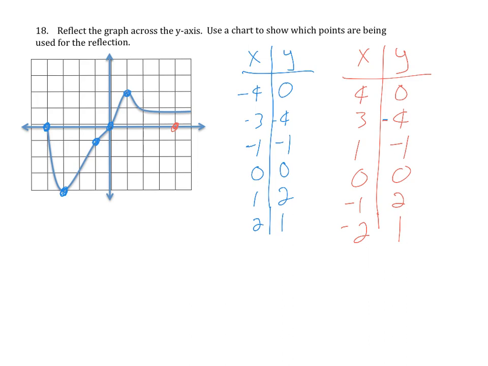Okay, so we'll go 3, 2, 3, negative 4, 1, negative 1, 0, 0, negative 1, 2, and negative 2, 1. And then you just sketch the graph as close as you can. And our graph looks like that. So this thing just literally flipped right around the y-axis and looks like that.